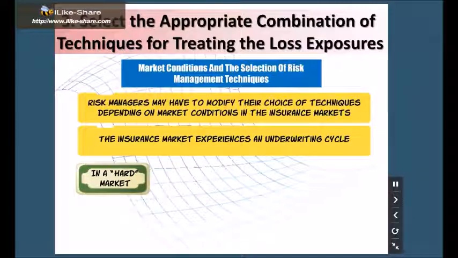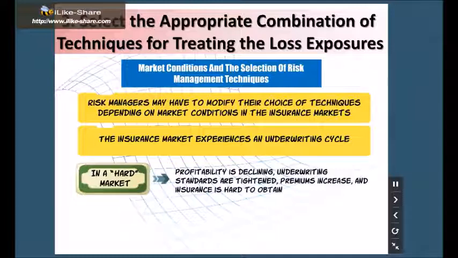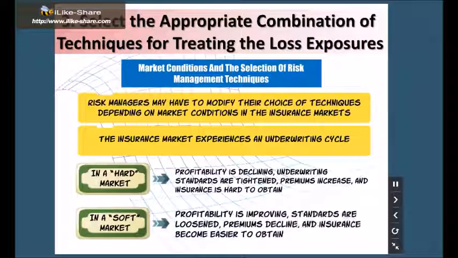In a hard market, profitability is declining, underwriting standards are tightened, premiums increase, and insurance is hard to obtain. In a soft market, profitability is improving, standards are loosened, premiums decline, and insurance becomes easier to obtain.